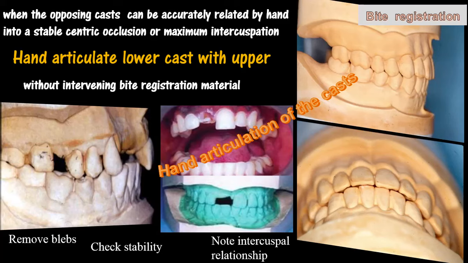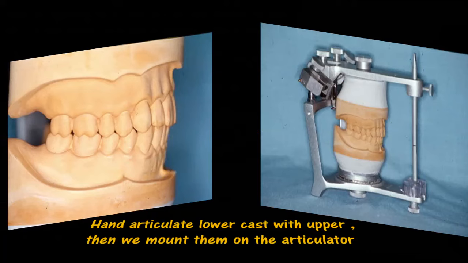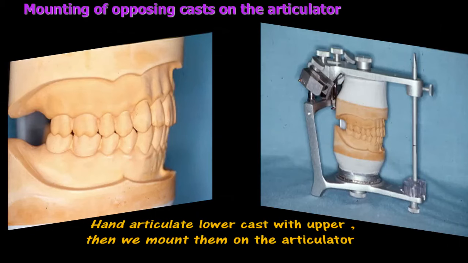Only remove any clips and check the casts are stable. وتشوف الانتركاسبال ريليشن مضبوطة، مباشرة تقدر تسوي له شنو؟ mounting على الارتكيوليتر. يعني بمعنى in this case you can do hand articulation للكاست مثل ما نشوفه. So we do hand articulation, then we mount the upper and lower on the articulator.